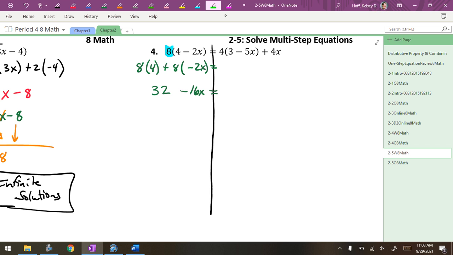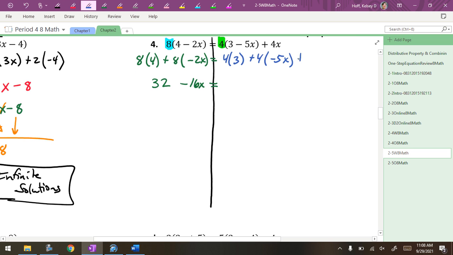Do I need to distribute? What am I distributing? 4. 4 times +3. 4 times negative 5x. Do I take 4 times 4x? What do I do with that? Just drag it straight down. 4 times 3?